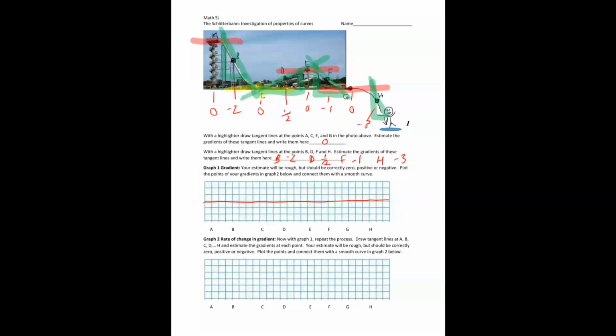So I'm going to graph, let's see. First I'm going to graph 0 at A. Then I'm going to graph -2 at B. Then 0 at C. And 1/2 at D. And 0 at E. And -1 at F. And 0 at G. And -3 at H. Okay?